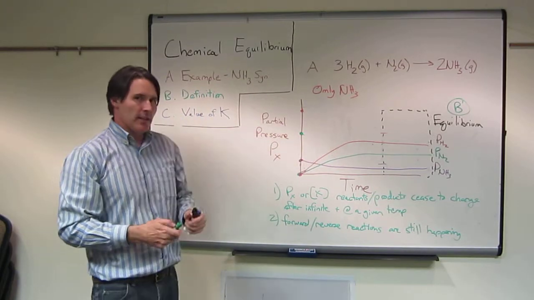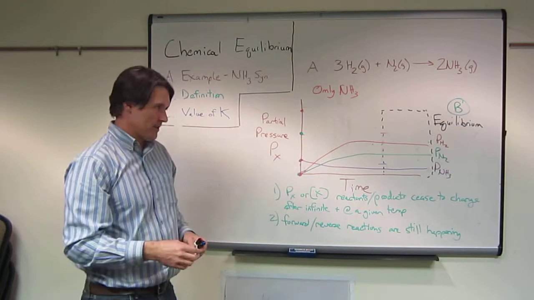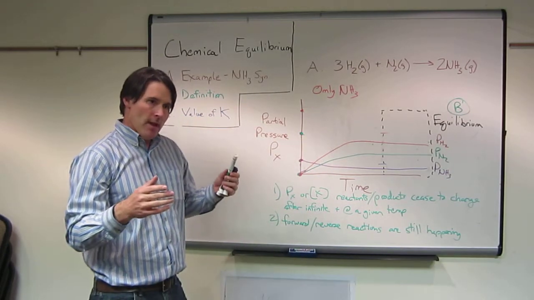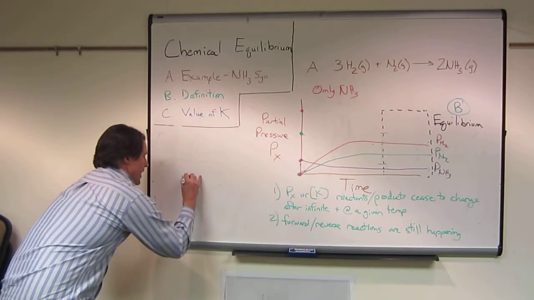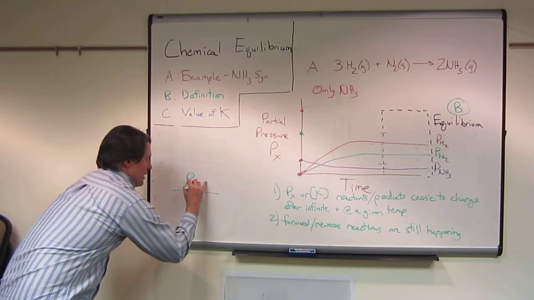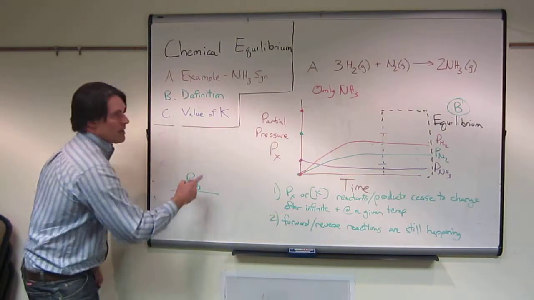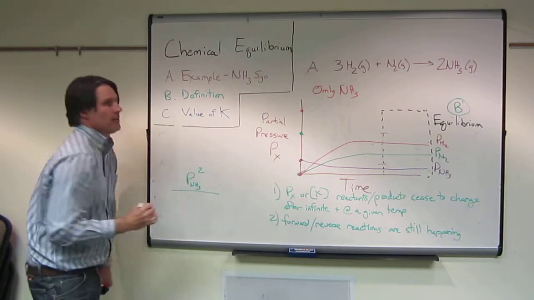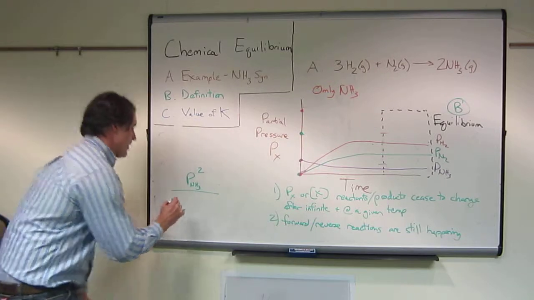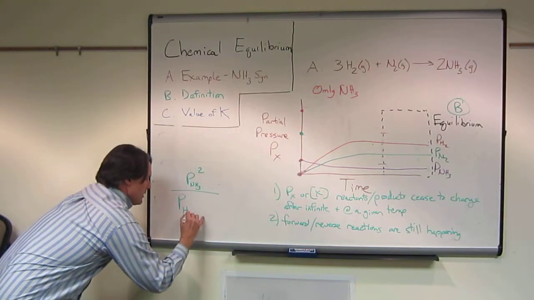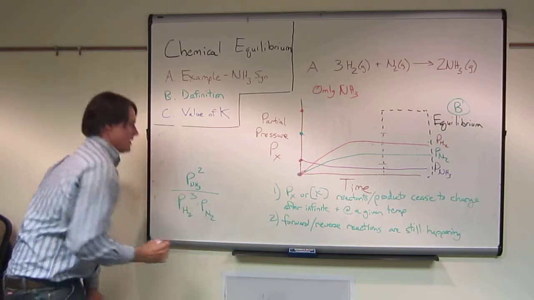Now, mathematically, it turns out that when these partial pressures, or concentrations, as the case may be, are unchanged, this is represented by this definition here, where we put the partial pressures of the products on the numerator and raise it to, in this case, the power of 2, because that's the coefficient in the balanced equation. And then for hydrogen, we raise it to the third power, and nitrogen, we don't raise it to any power.